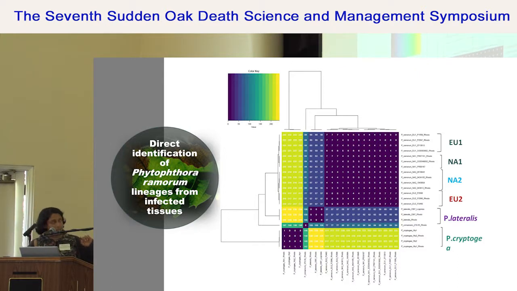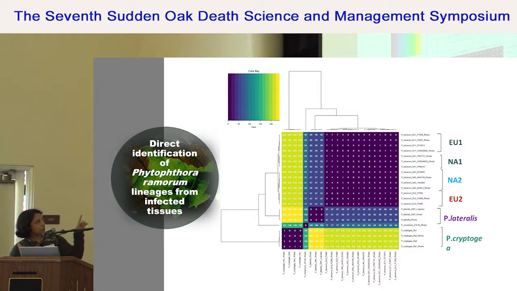And we can even understand the differences between isolates belonging to the same lineage. So in order to test if we can use the AmpliSeq assay to identify lineages from infected tissues, we inoculated the different isolates or lineages onto rhododendron leaves, and we extracted DNA from the infected tissue and then used the assay with them. What you're seeing is again a pairwise comparison of nucleotide differences between these extracted DNA from infected tissue.